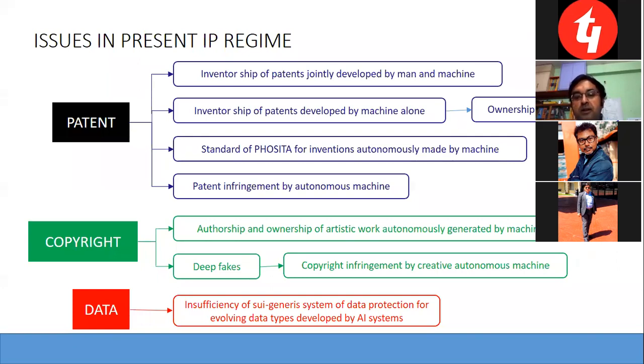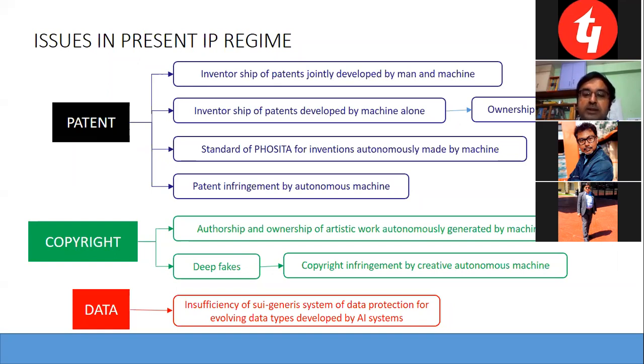Because a machine might not always have an owner. In the world of open source, in the world of free technology, there would be autonomous machines which run or operate as bots on the internet, and they would remain alive. They would keep on inventing without any human ownership or human intervention. So what happens in such a scenario?